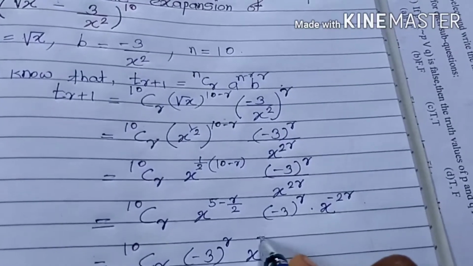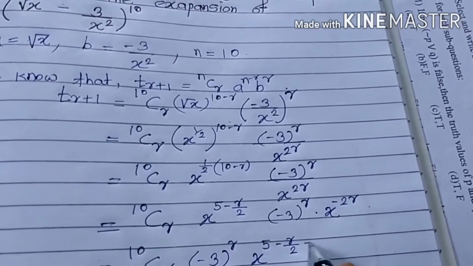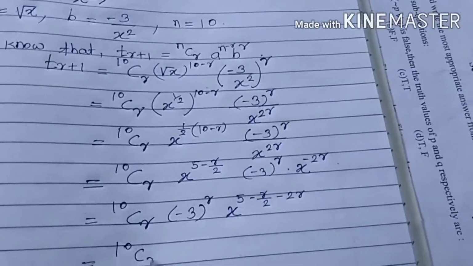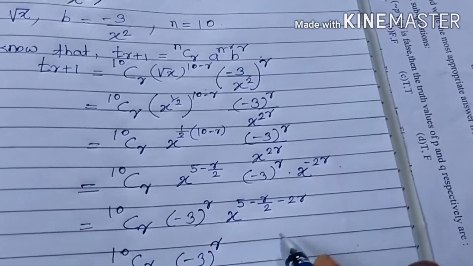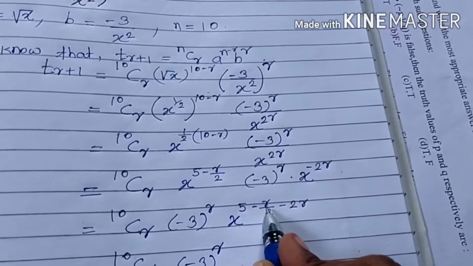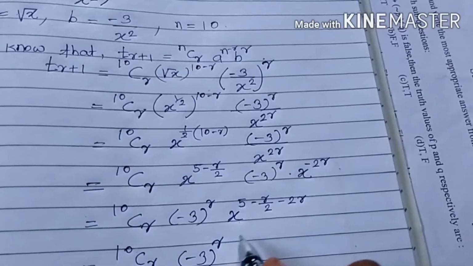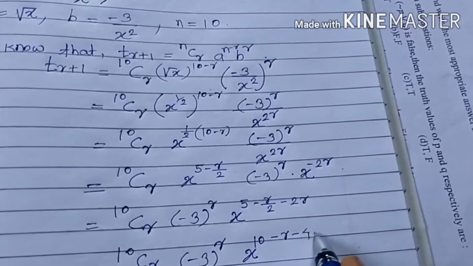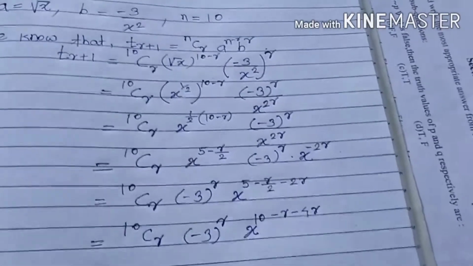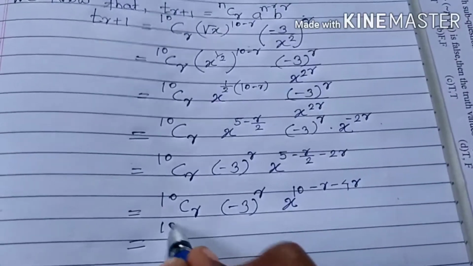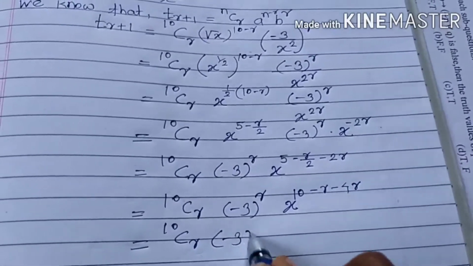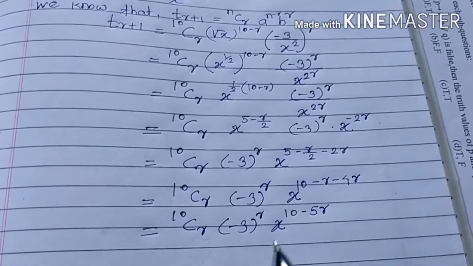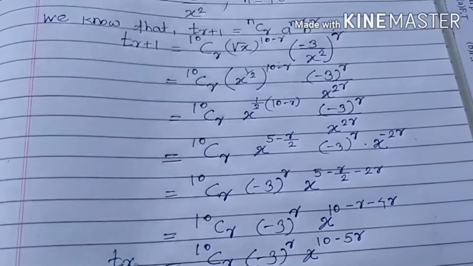Now this is x raised to 5 minus r upon 2, and this is minus 2r. So x raised to (10 minus r minus 4r) upon 2, and next 10Cr minus 3 raised to r, x raised to (10 minus 5r) upon 2. Okay, so it is T(r+1).